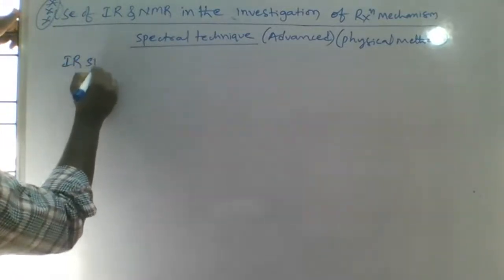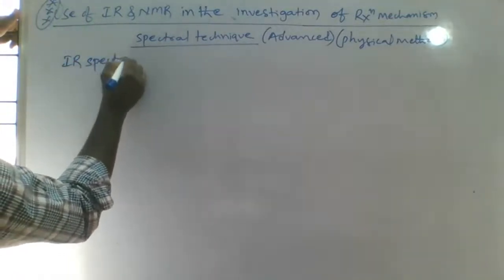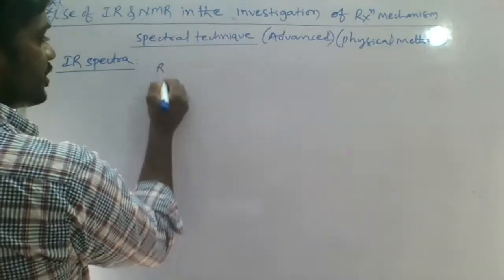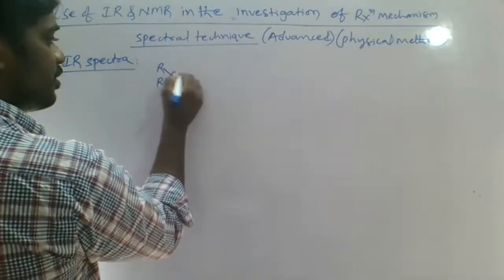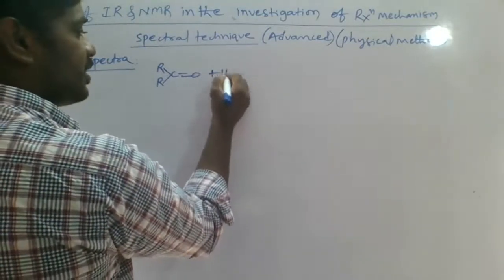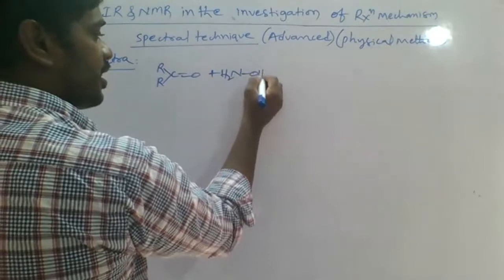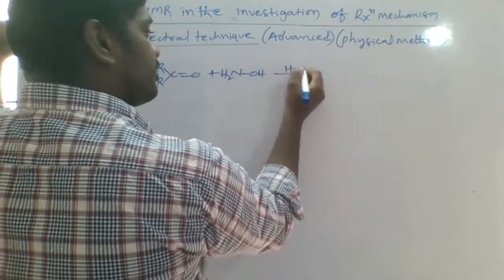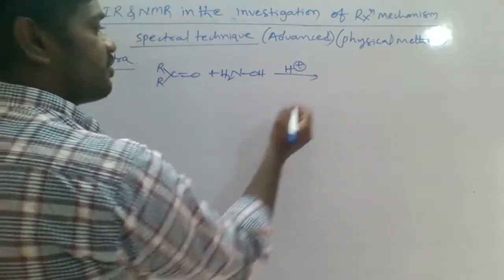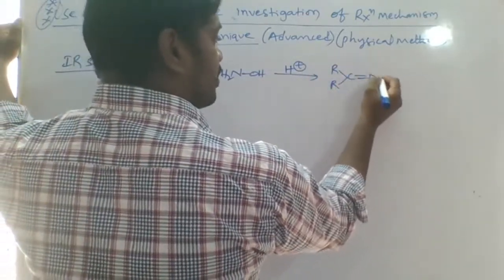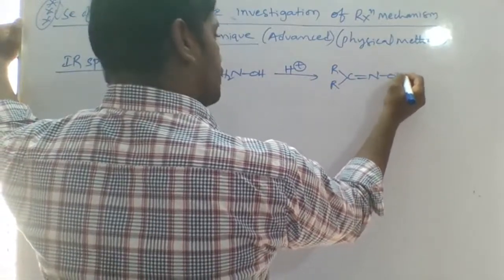So first of all, taking one reaction. This is a carbonyl compound, C double bond O. This carbonyl compound reacts with hydroxylamine hydrochloride in the presence of an acidic medium. So then an oxime is formed.